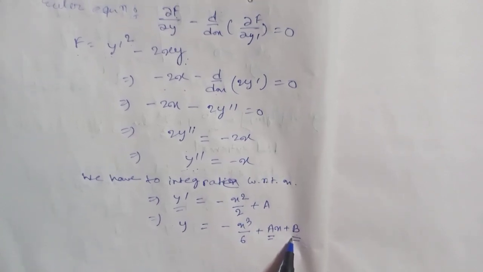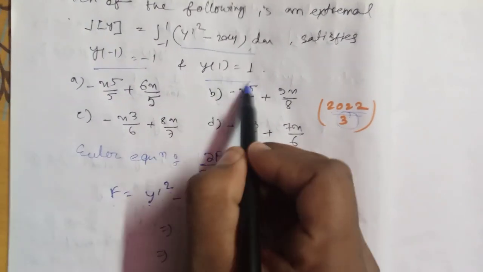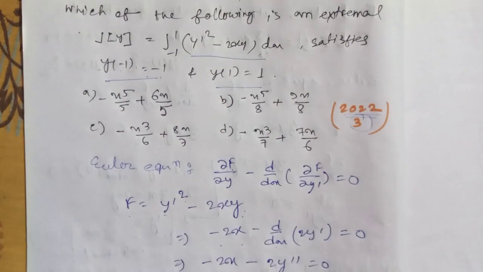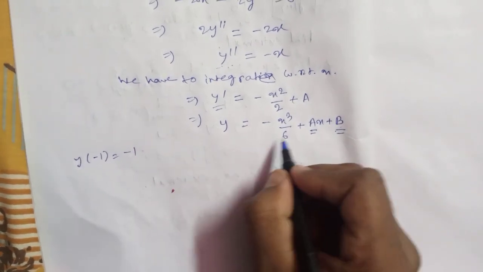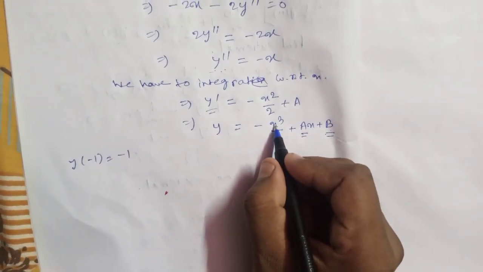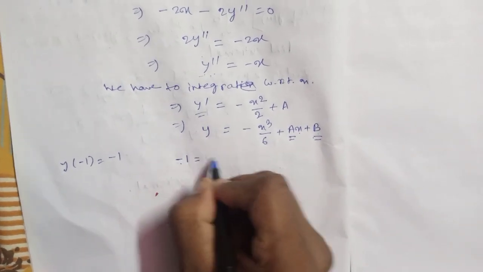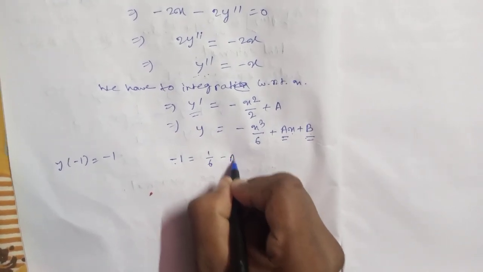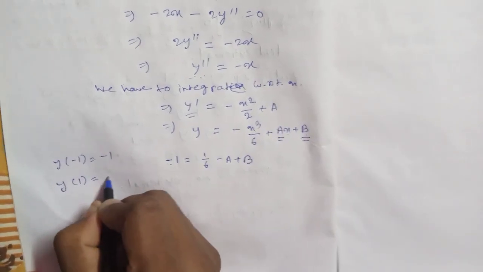How? Now see, we have been given two boundary conditions, right? y of minus 1 equal to minus 1 and y of 1 equal to 1. So use them. We have y of minus 1 equal to minus 1. So after putting minus 1 in place of x, we will get minus 1 equal to minus of minus 1 by 6, minus a plus b, and also we have been given that y of 1 equal to 1.